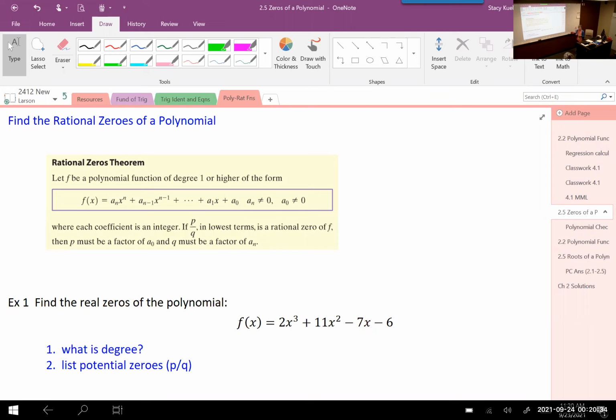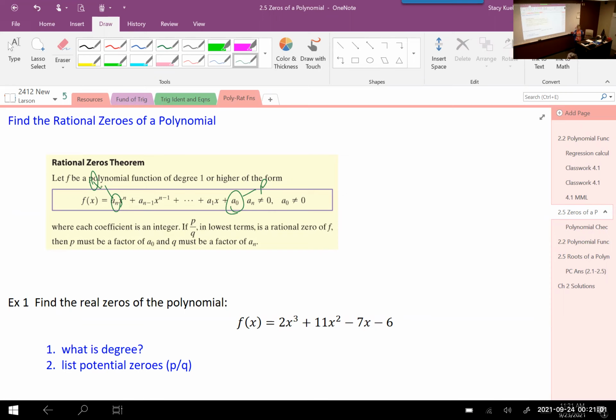All right, so the factors of p over q tells me what that is. Now, where does p come from? P comes from the constant at the end of the polynomial, and q comes from the leading coefficient. That's all you basically need to know for the rational zero theorem.